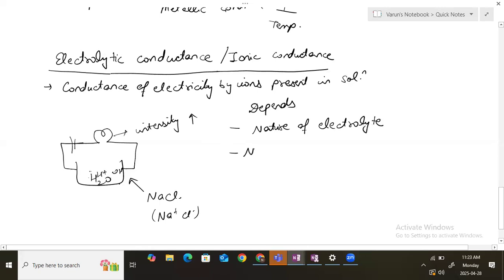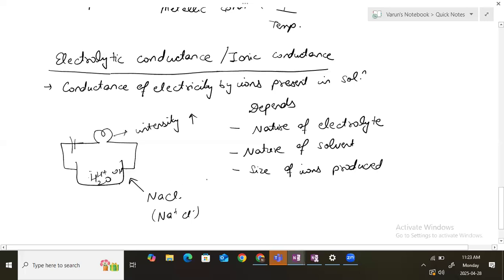Nature of solvent that I have added, like NaCl, and the size of ions. If the size of ions is quite big, then they will not be easily able to move. Small size ions have higher conductivity, higher mobility.